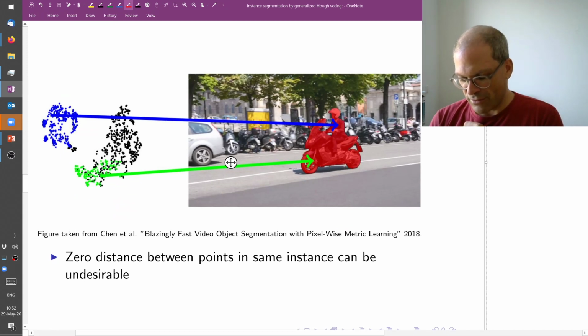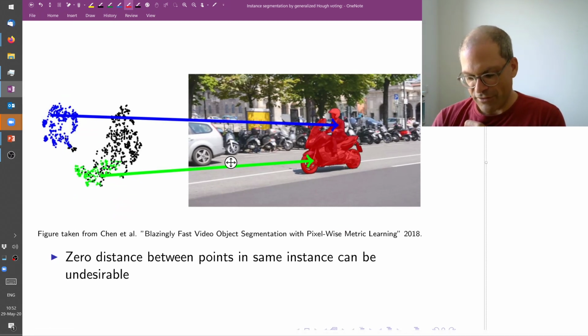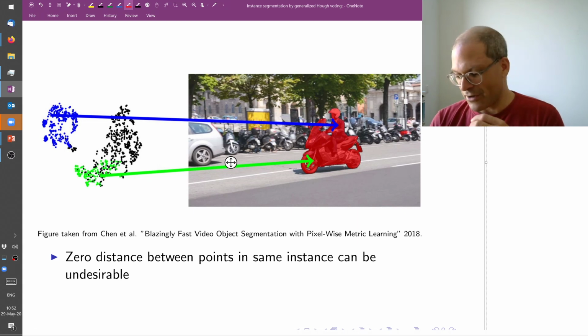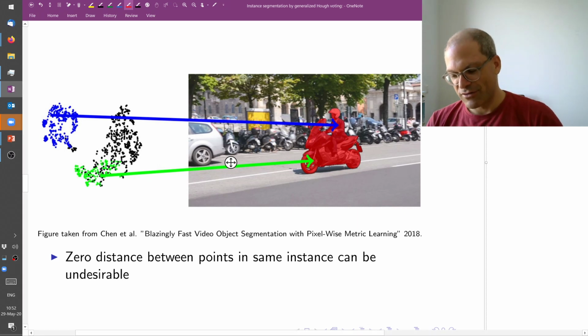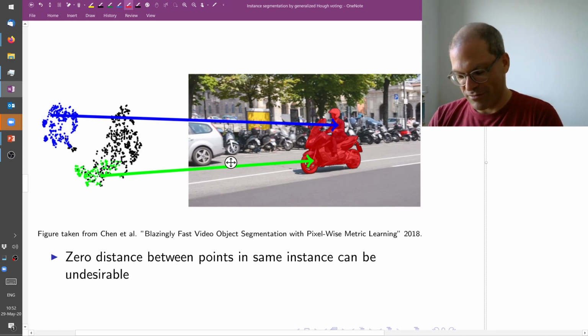But if you look closer, we have a motor scooter and a person, and you can argue, especially if you're also working on detecting people in the same benchmark, that it's quite okay for the rider pixels to be embedded a bit further from the scooter pixels, even though they form one instance.